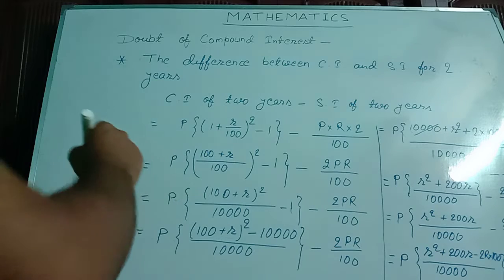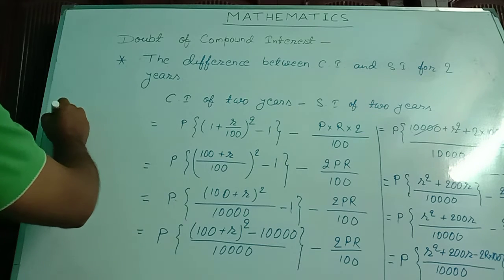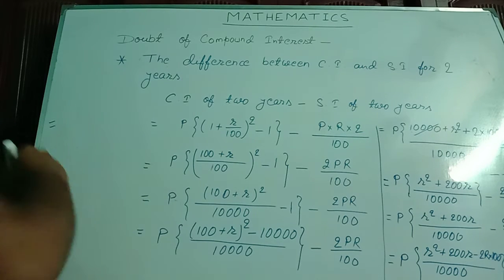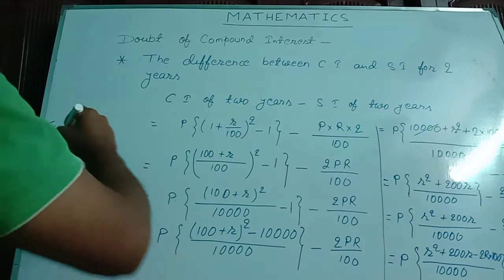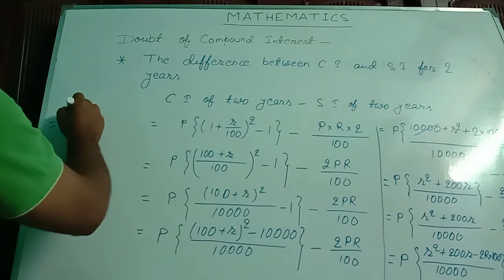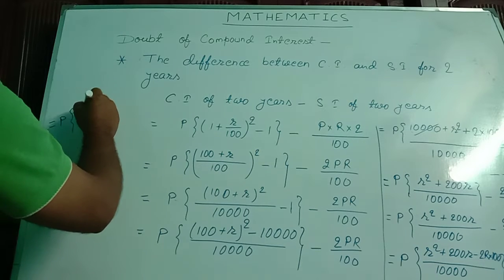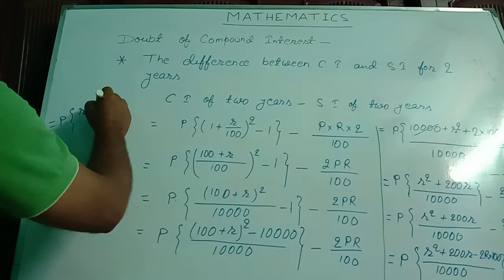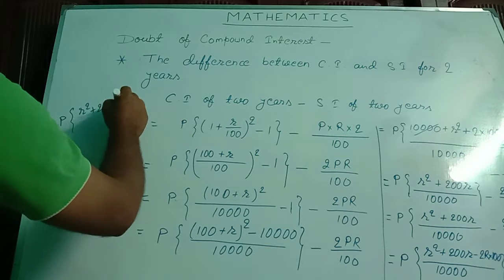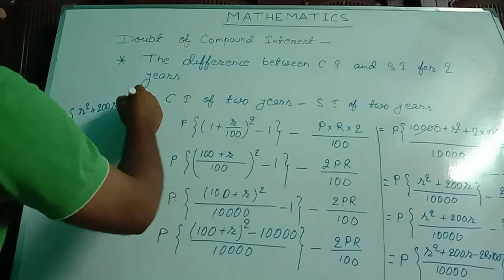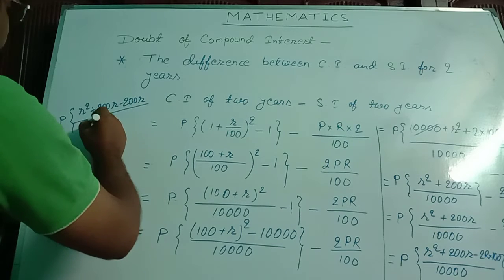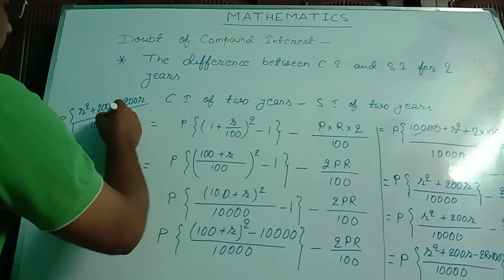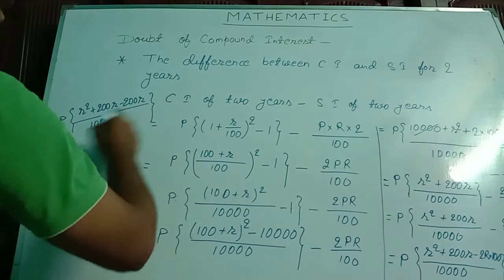That side I don't have space, so we come to this side, equal to P into (R square plus 200R minus 200R) by 10,000, bracket closed.